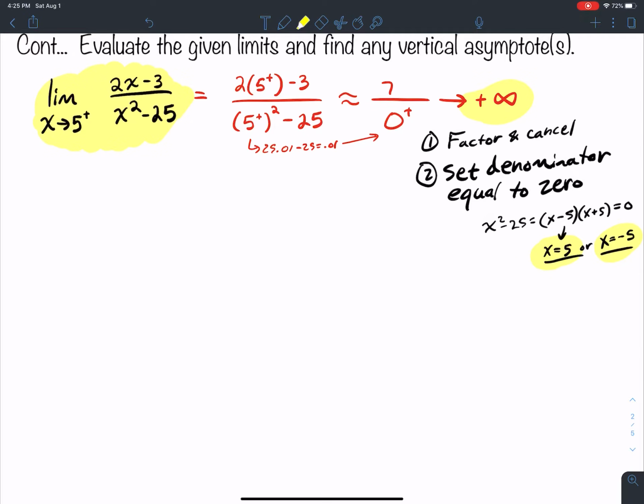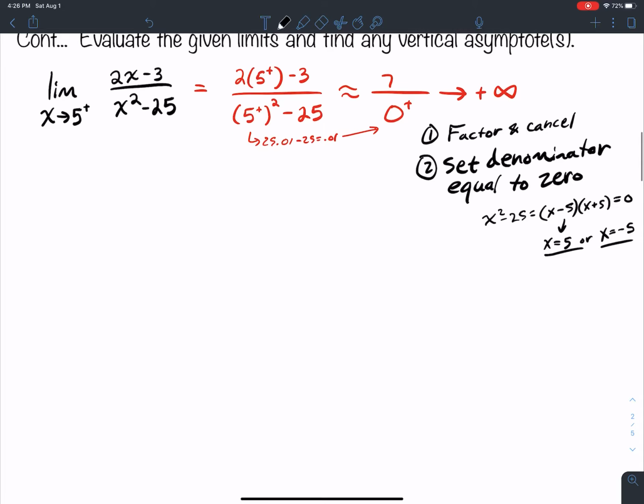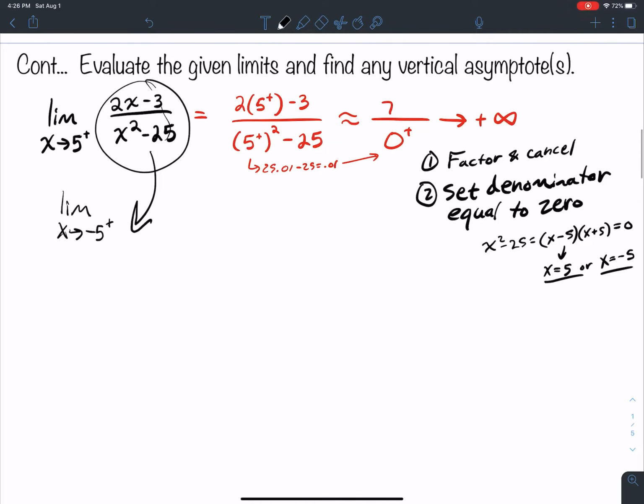You would need to do the same thing for this negative 5. All you'd have to do, guys and gals, is take the limit as x goes to negative 5 from the right, or from the left, of that same function, okay? That would get you plus or minus infinity, whatever it is, and that proves that it's a vertical asymptote by definition.